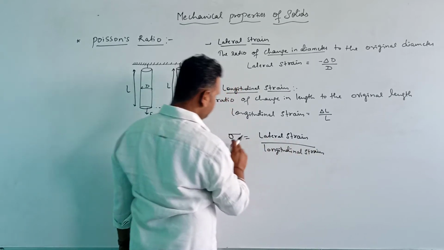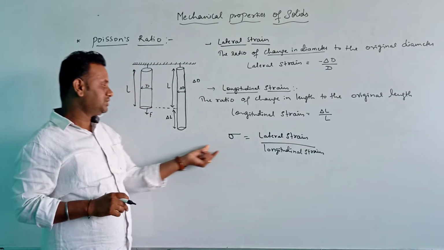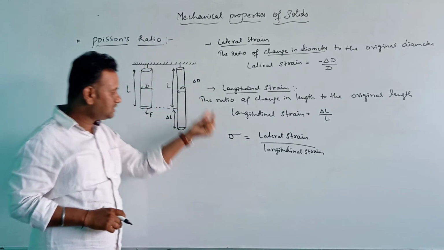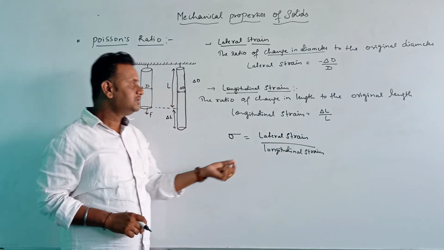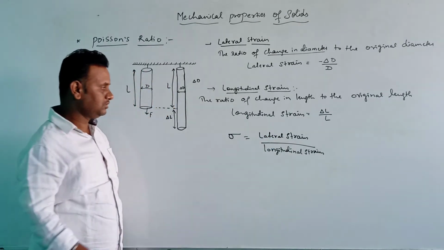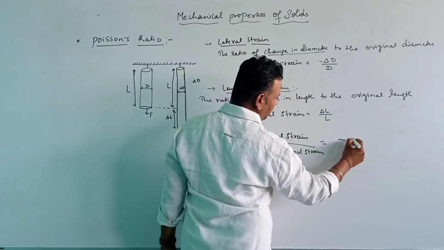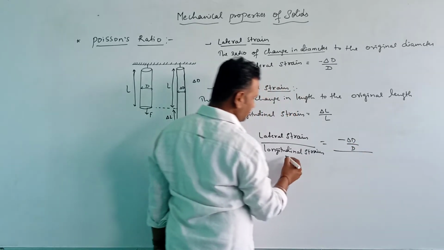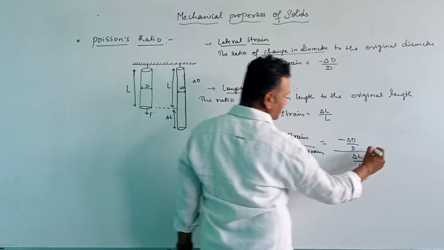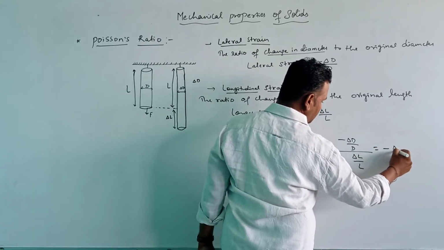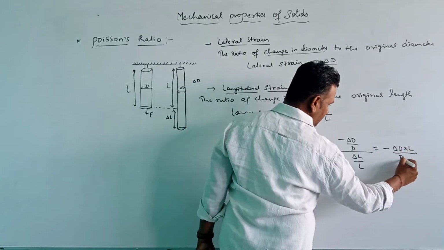Here lateral strain is minus delta D by D, divided by longitudinal strain delta L by L, which can also be written as minus delta D into L divided by D into delta L.